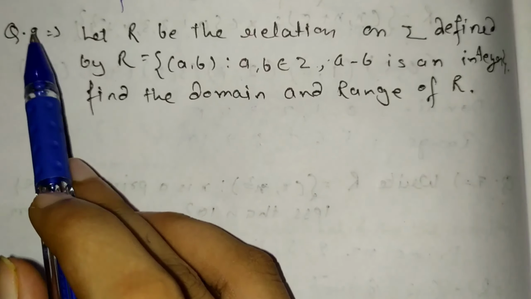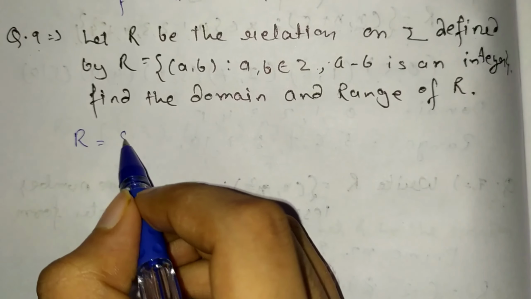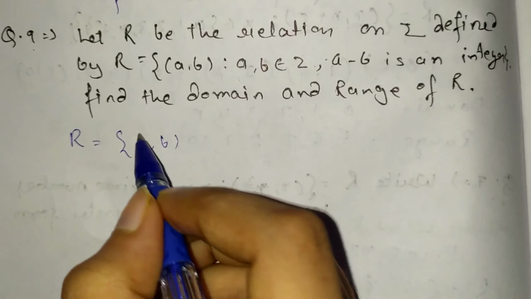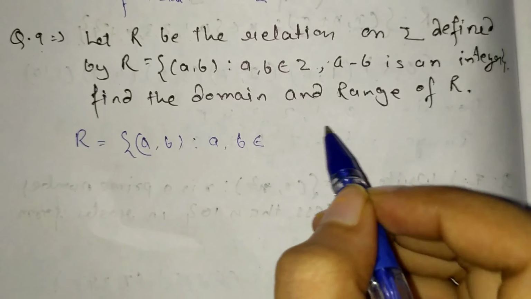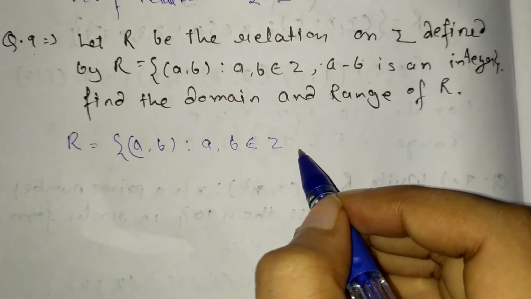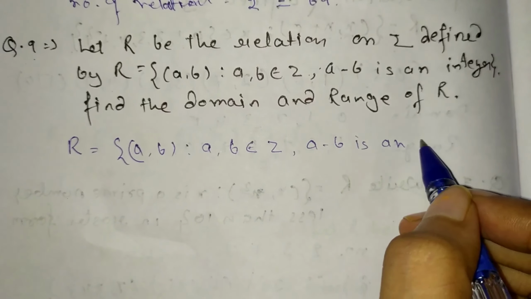Question 9. In this question we have relation R where we have two values a and b, and a, b must belong to the integers and a minus b is an integer.